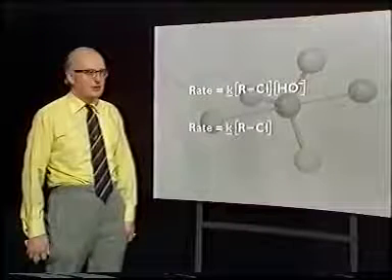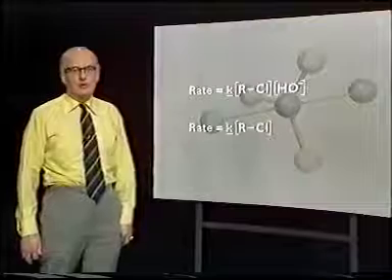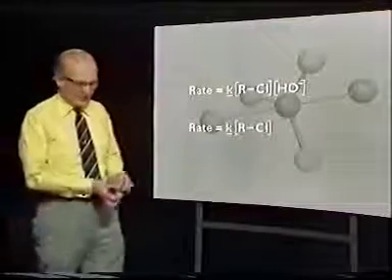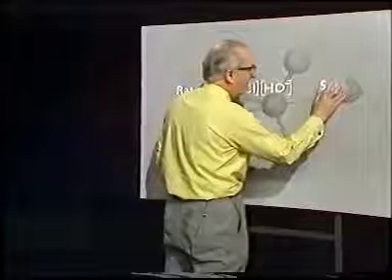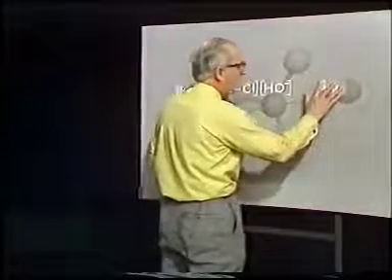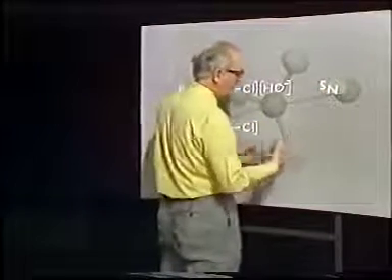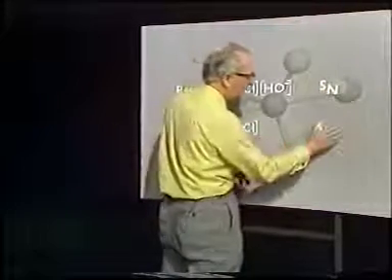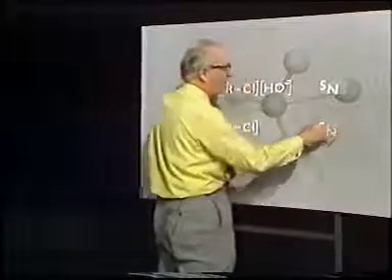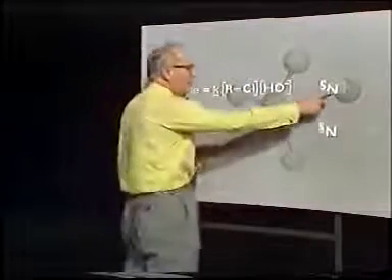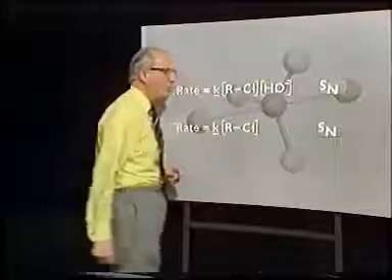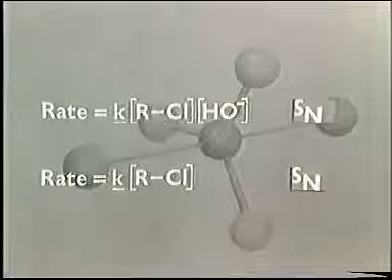And we generally have a shorthand for that of calling it an SN reaction, so that that particular rate equation represents an SN reaction, a nucleophilic substitution reaction. The S, of course, is standing for substitution, and the N in each case is standing for nucleophilic, substitution by a nucleophile.